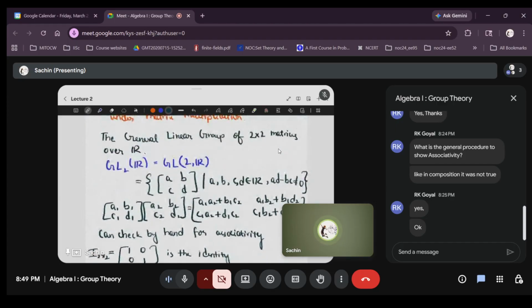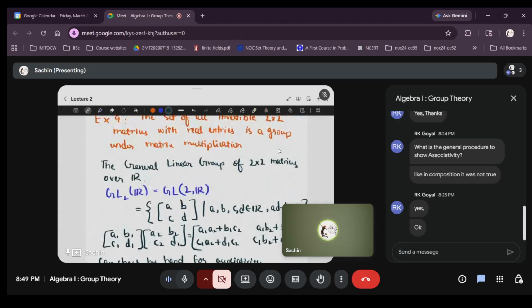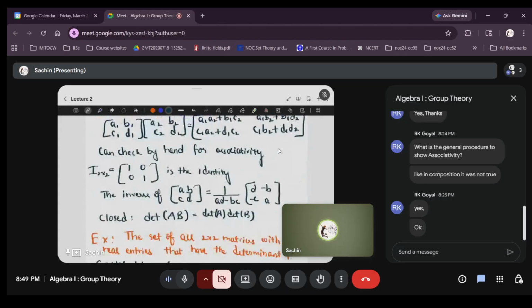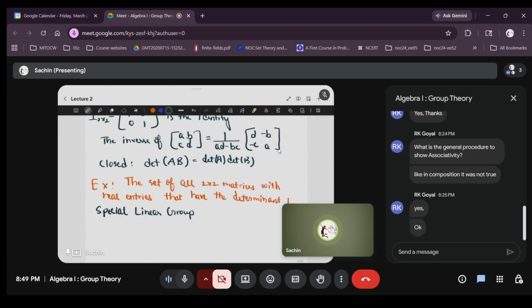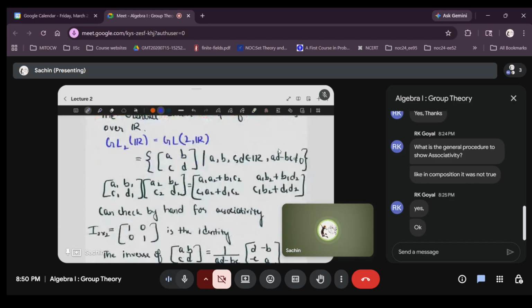So non-zero determinant was the general linear group of 2 by 2 matrices over R. Determinant exactly 1 is the special linear group of 2 by 2 matrices over R. It is denoted by SL; here it is GL, general linear.